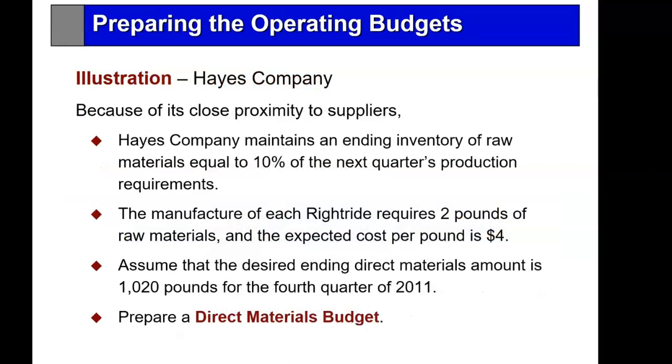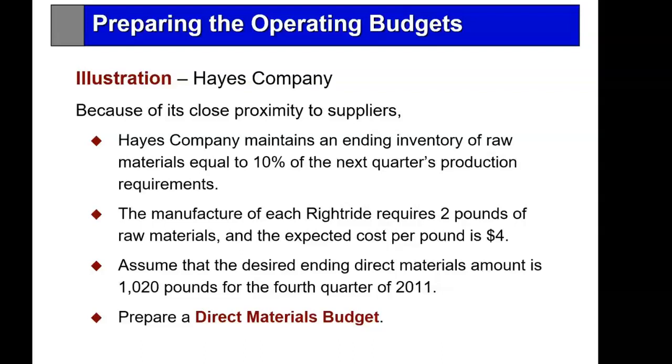So here, back to Hayes, we have the production budget, which is built on the sales budget. Management's policy here, again, requires that we maintain an ending inventory of direct material or raw material equal to 10% of next month's production requirements.